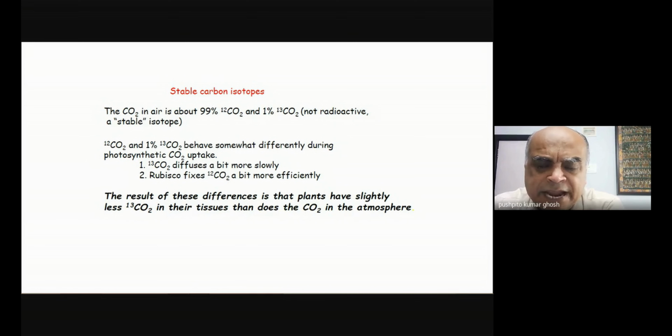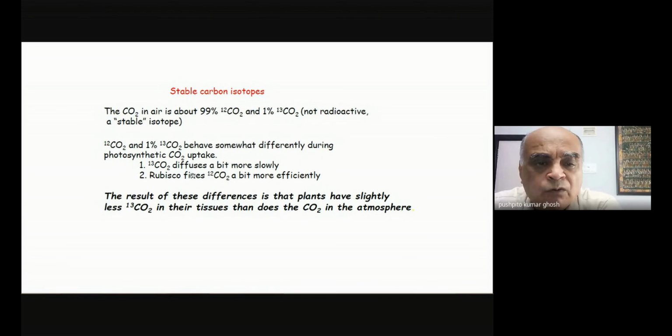It gets in through the leaves, and it has to diffuse into the leaves, right? So what is found is that carbon 13 tends to diffuse slightly slower than carbon 12. So naturally, inside the plant, you'll have relatively more of carbon 12 than carbon 13 as compared to what is there in the atmosphere.